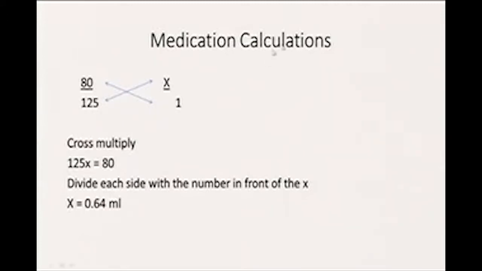And so you have your X here, and then your 125 is in 1 ml. So cross multiply. 125x is equal to 80. You divide each side by the number in front of the x. So if you divide this side, the left-hand side, you come up with 1. And if you divide the right-hand side, you come up with x is equal to 0.64 mLs.